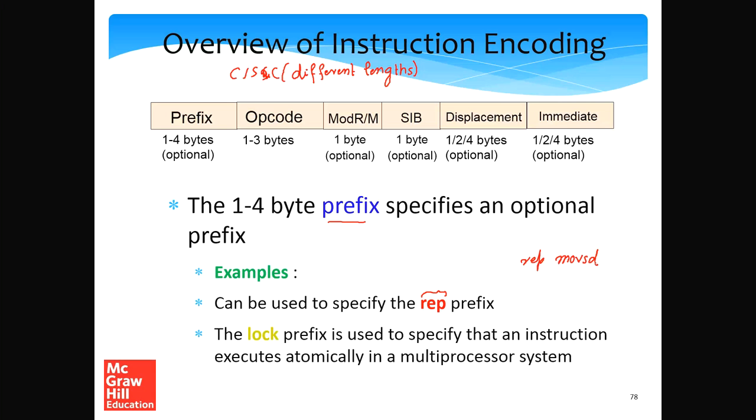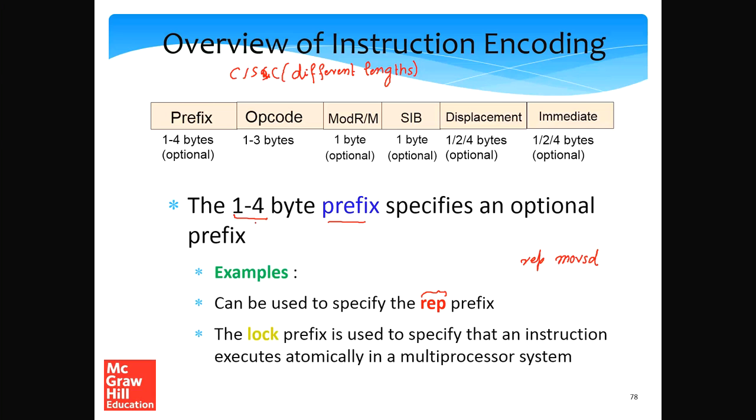The prefixes are typically also used to encode the data size. For example, in a 64-bit instruction set, we can use the prefixes to indicate normal registers and 64-bit registers and so on. In a lot of extensions of the ISA, the prefixes come in very handy. That's the reason they can be anywhere between 1 to 4 bytes, so they can encode a fair amount of information.